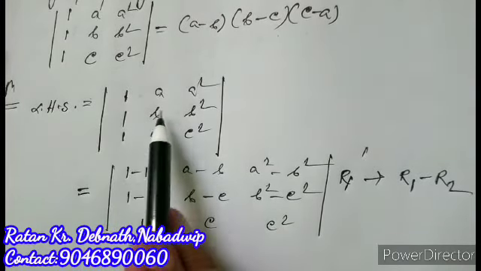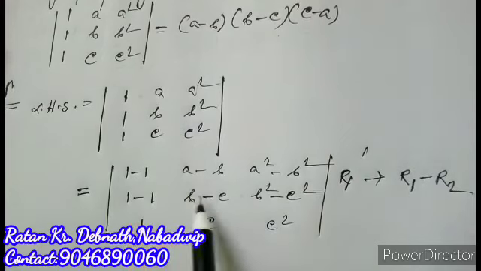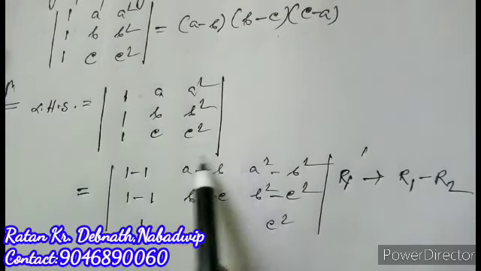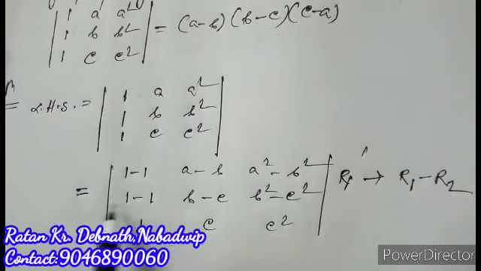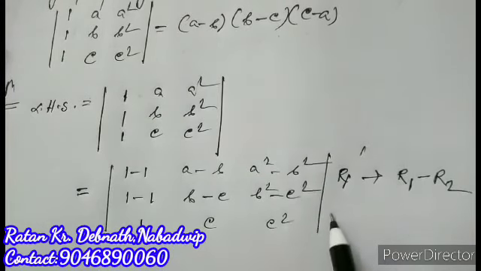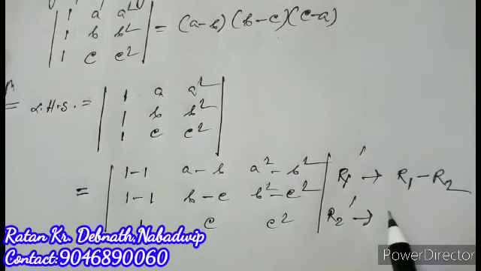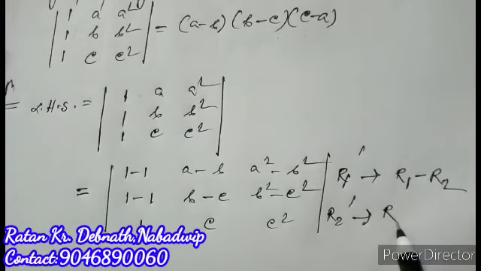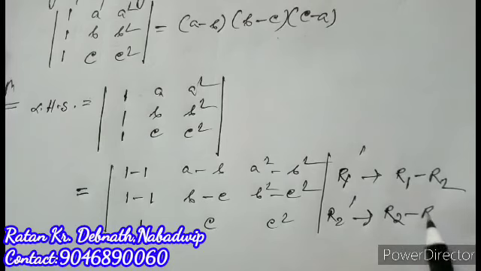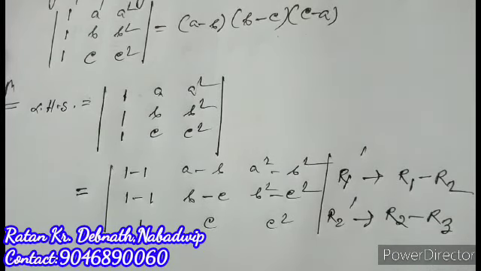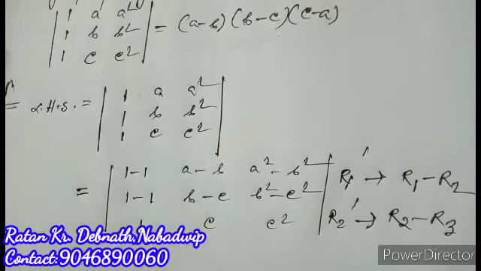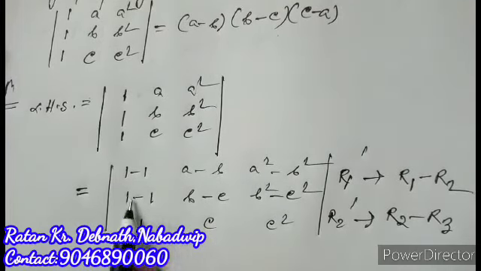So 1 minus 1, a minus b, a square minus b square, and the new second row, that is r2 prime, formed by r2 minus r3, that is subtracting the third row from the second one, we got the second row.